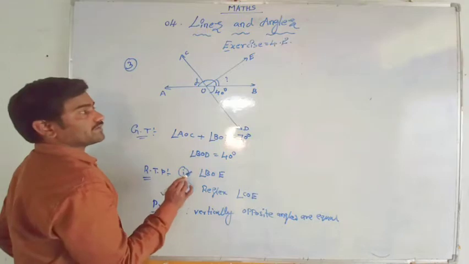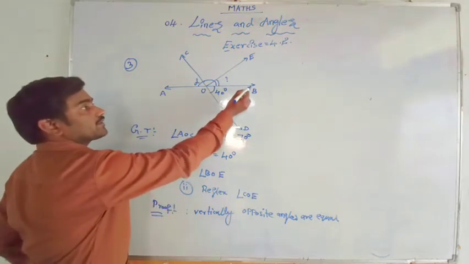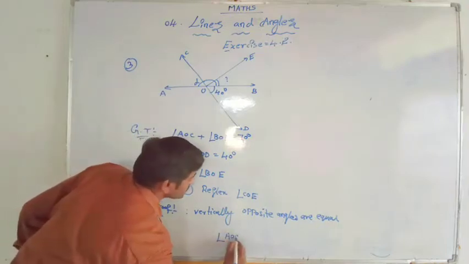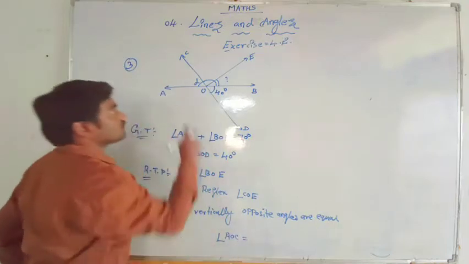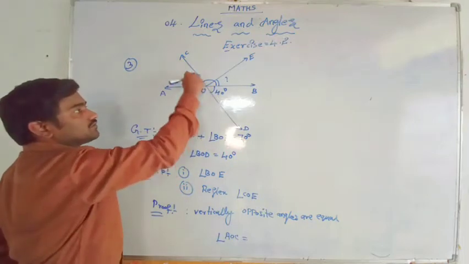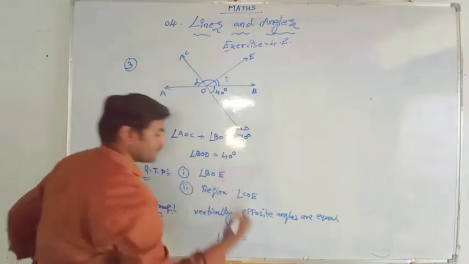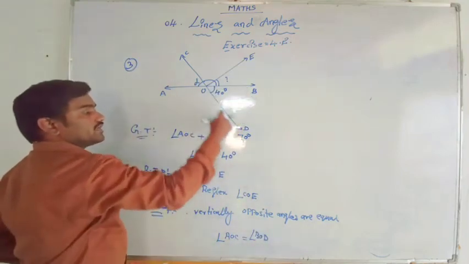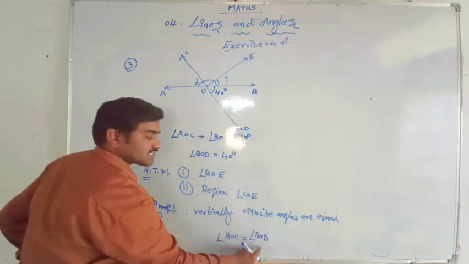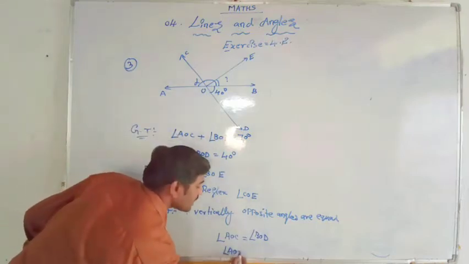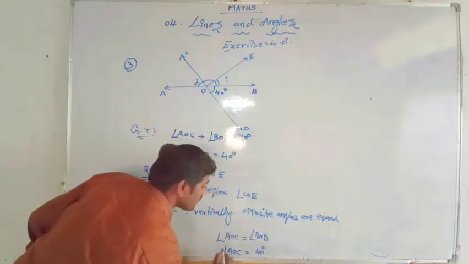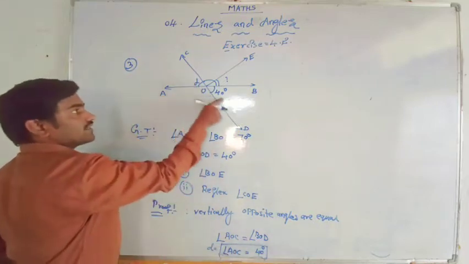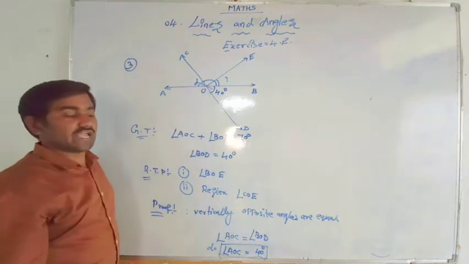So here we can say that angle AOC is equal to angle BOD. But angle BOD is already given, that is 40 degrees. Let us substitute here, so that we get angle AOC equal to 40 degrees. These two are vertically opposite angles.